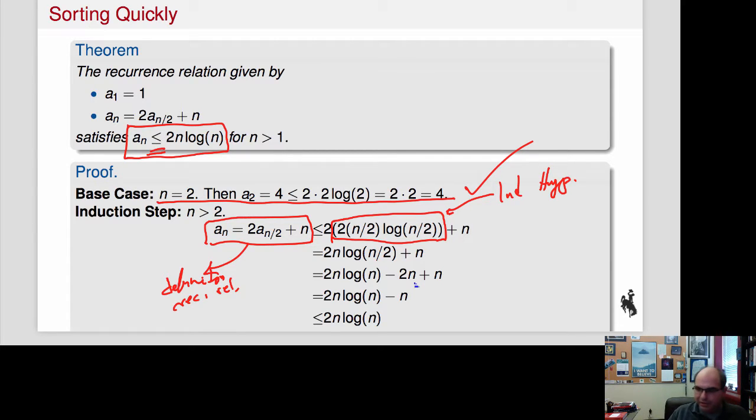The minus 2n and the plus n combine, so I have 2n log n minus n. And again, I get a less than or equal to term because I'm subtracting something from 2n log n. So 2n log n is actually larger than the previous one, right? So as long as I have the inequalities in the right direction, all this goes through, and that's my induction step.